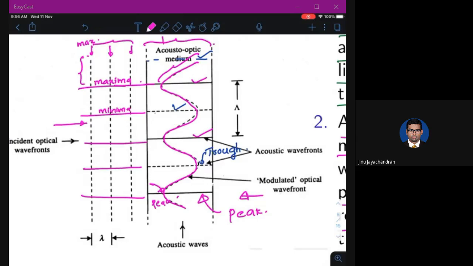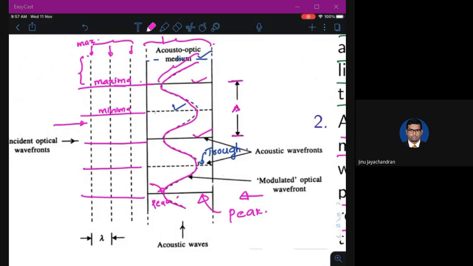Okay, and the wavelength is now proportional to the wavelength of the acoustic wave, which is lambda. Thus, the incident optical wave, which has some particular wavelength, has been changed.